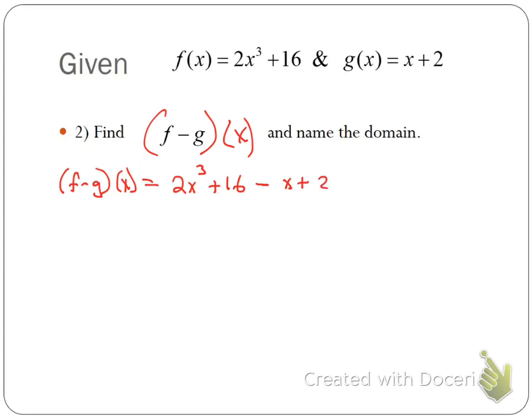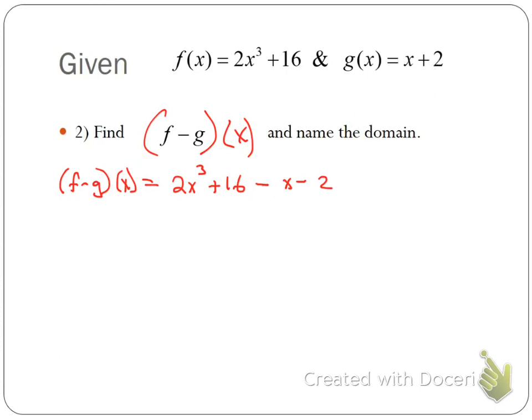What did I do wrong with how I have it written? I'm subtracting g of x. Ms. Wiseman, what do I need to do? You need to take the negative to the 2. We need to distribute that negative through the polynomial, so it's minus x minus 2.